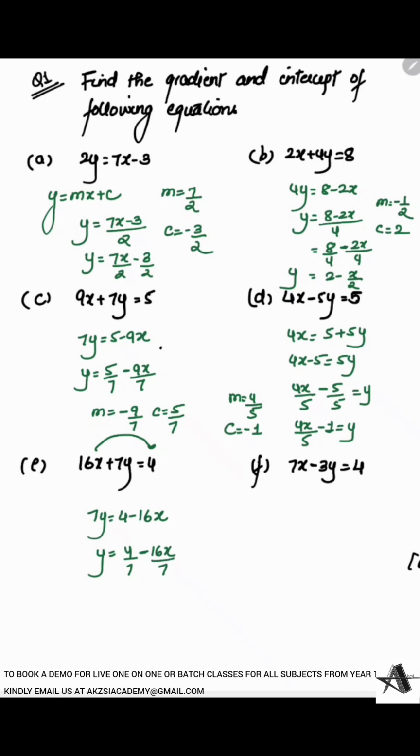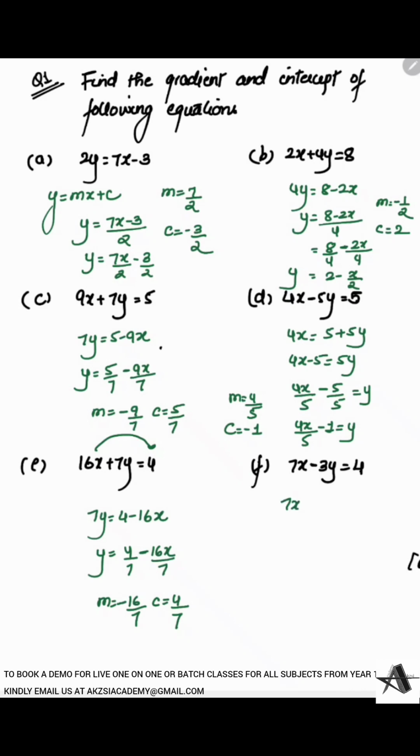Same, the coefficient of x will be the gradient, negative 16 over 7, and here you will get c as 4 over 7.